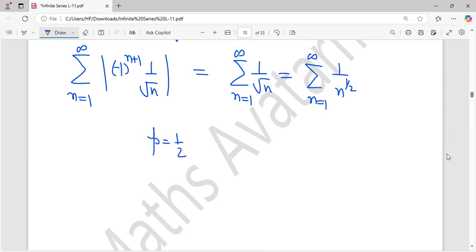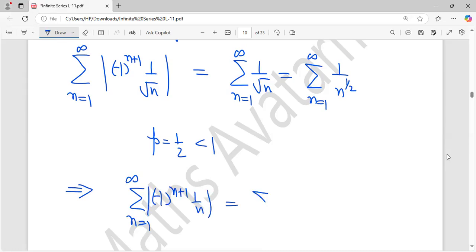The p-value is 1 over 2, that is less than 1. In the auxiliary series, if the value of p is less than 1, the series is divergent. So this series is divergent.